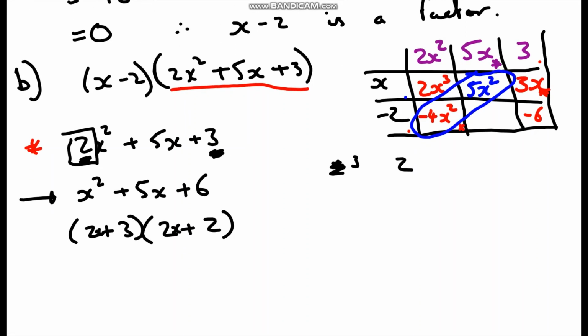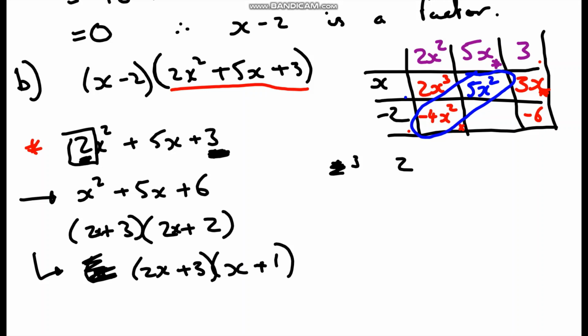Now, because we've multiplied our 3 by 2, we're going to have to divide one of these brackets by 2. And the only one that does that nicely is the second one. So we're going to divide that entire bracket by 2.